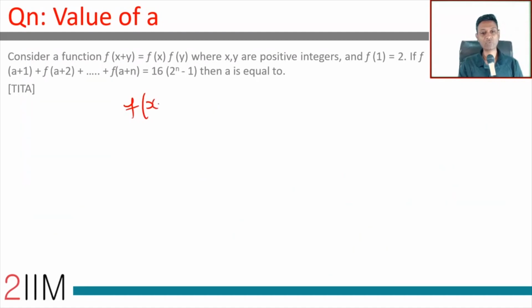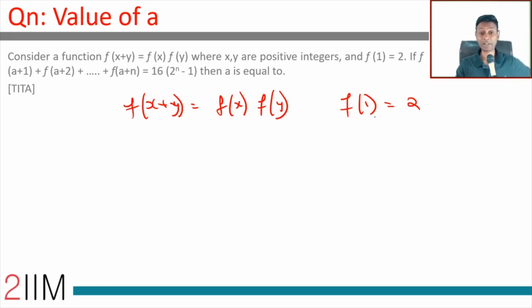Consider the function f of x plus y equals f of x into f of y, where x and y are positive integers. F of 1 equals 2. F of a plus 1 plus f of a plus 2 plus all the way to f of a plus n is 16 into 2 power n minus 1.